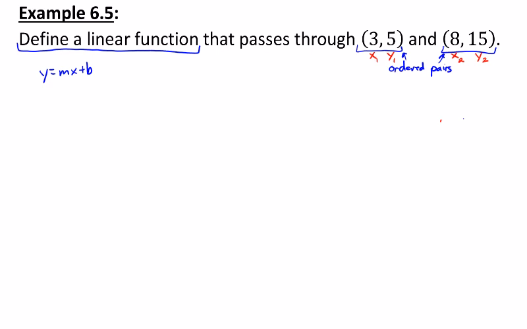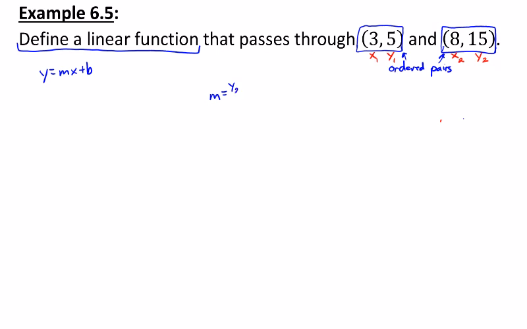Now when you look at the two ordered pairs, (3, 5) is in the first quadrant, which means it's not a y-intercept. (8, 15) can also be found in the first quadrant, not a y-intercept. So we don't immediately get b for free, and it also doesn't spell out what the slope is supposed to be either. So we're going to have to calculate both of these items, and then we can get a better idea of what the equation will look like. We're going to start with the slope calculation.